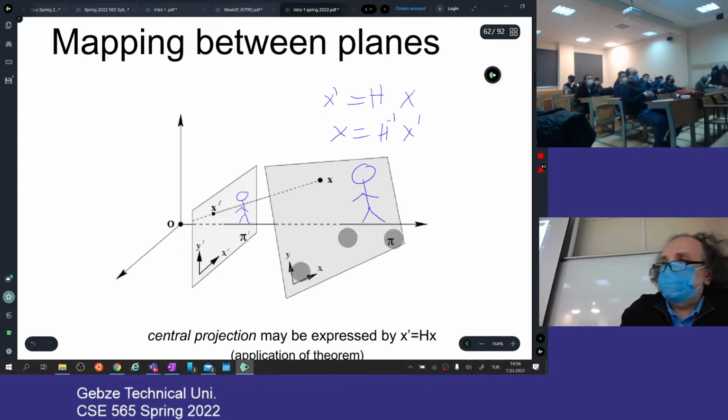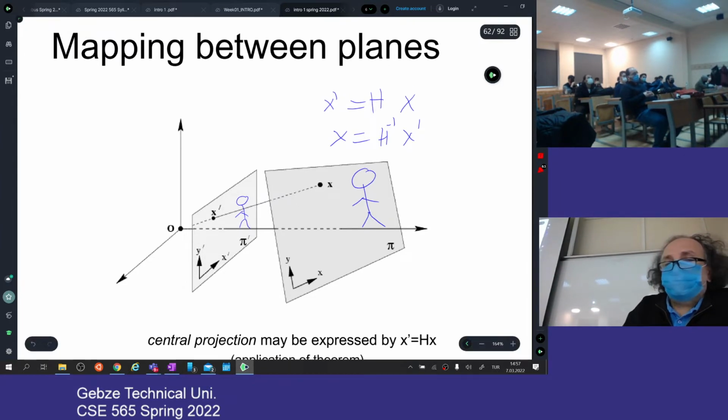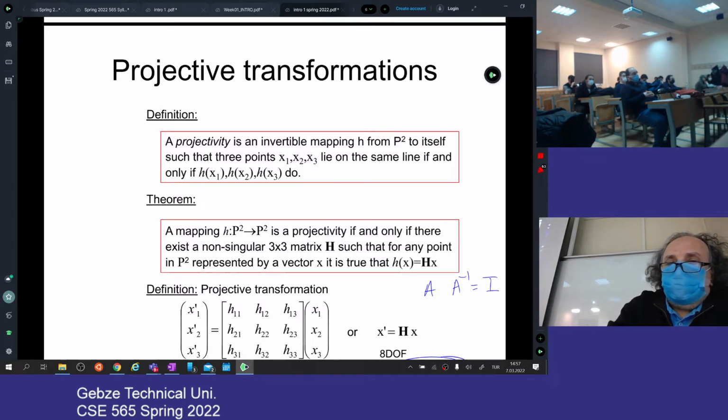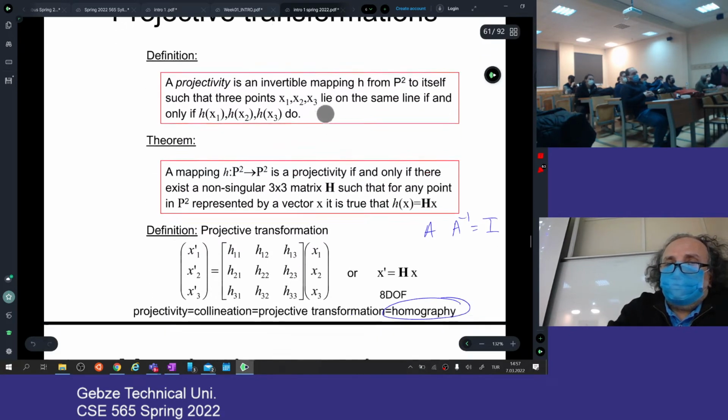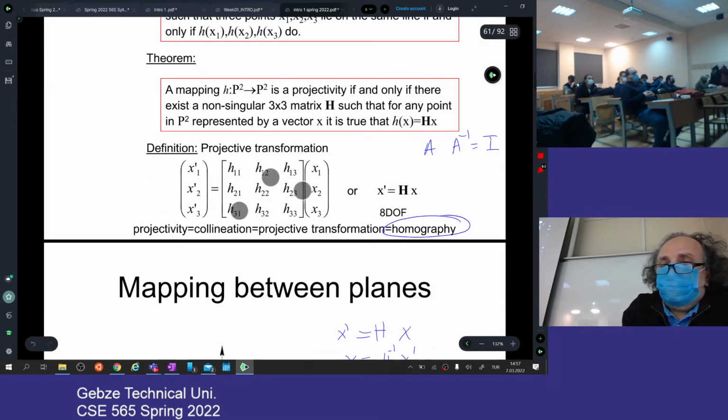Okay, this is a two-dimensional world. This is another two-dimensional world. Okay, between two-dimensional worlds, you can define these projectivities. And these projectivities will keep lines as lines. Okay, lines will stay as line because that's what it says. It's a projectivity homography. And to define homographies, we can use this 3 by 3 matrix.